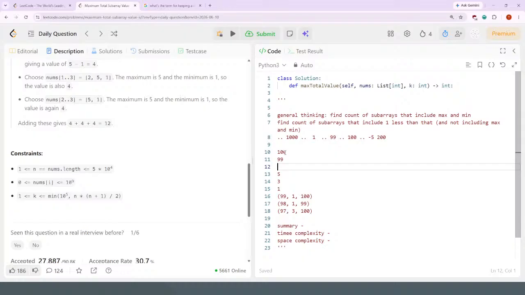The heap is going to grow pretty big, maybe to n squared. If I sort an n squared heap, that might be n squared log n, which is too slow.